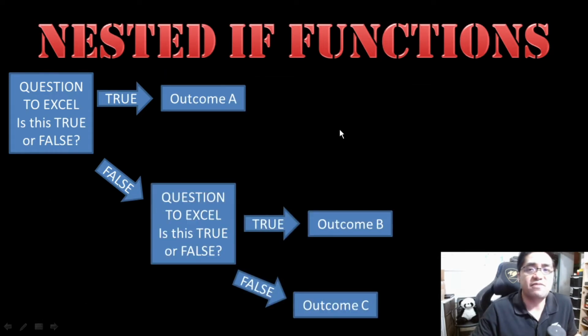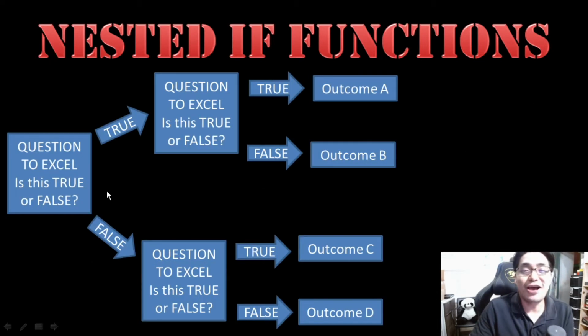Here's another example of multiple outcomes. A bit different but more or less the same. So you have Microsoft Excel evaluating one question. If it turns out to be true, then you directly have an outcome. But if Microsoft Excel evaluates it to be false, then you proceed to the second question, which Microsoft Excel will then evaluate as true or false, thus producing your second and your third outcome.